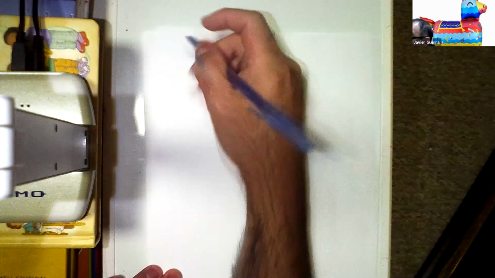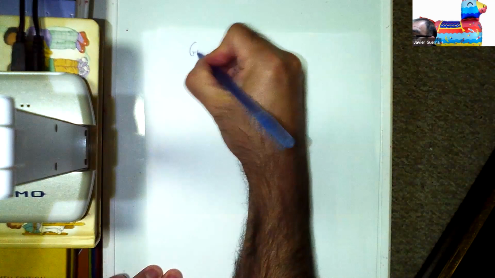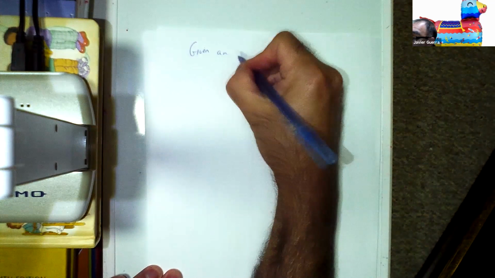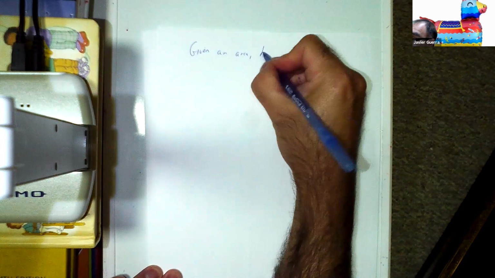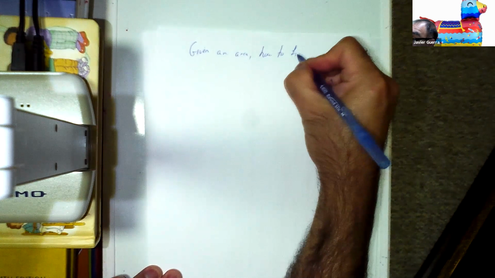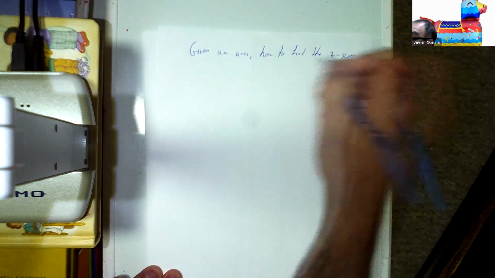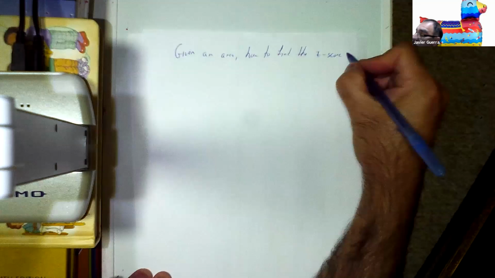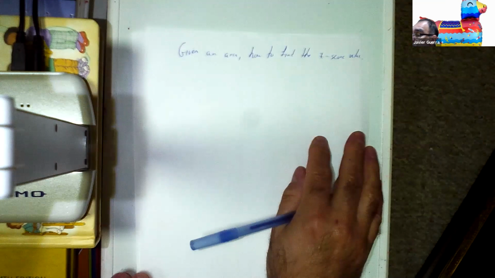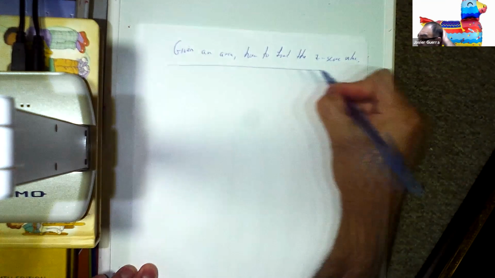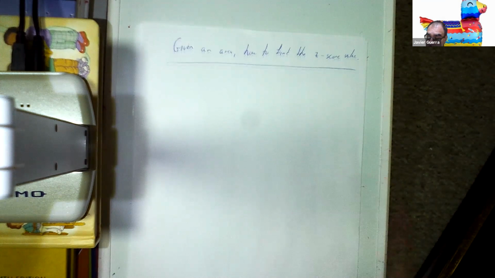So you're gonna be given an area, and you need to find the Z-score value. Okay, so let me give you all a rule.